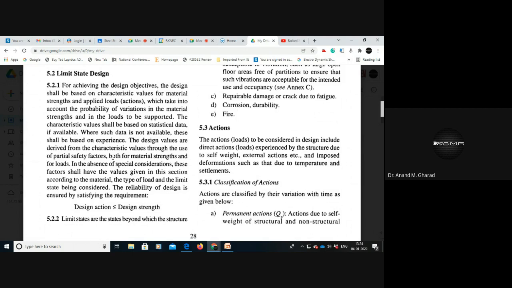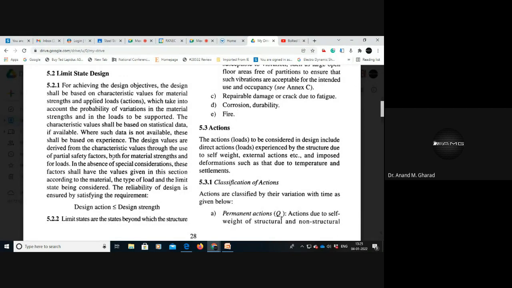From that bell shaped curve we make use of the standard deviation and mean concept. From that we identify the characteristic strength value, isn't it?